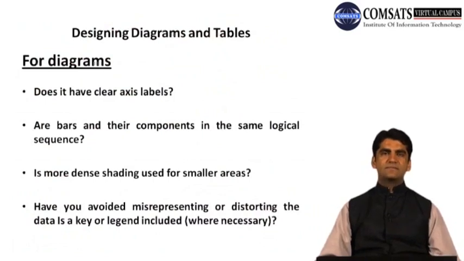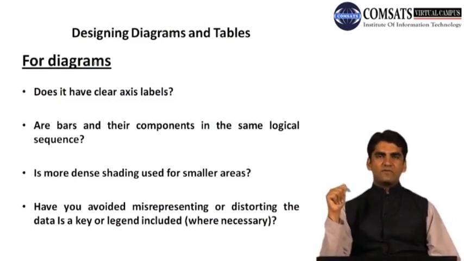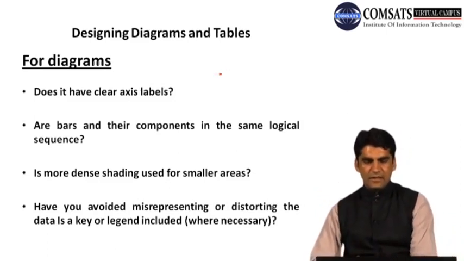Now, designing diagrams and tables. How do we design them? What things do we have to keep in mind when we design? For example, for diagrams we have to keep in mind: does it have clear axis labels? Axis label means that this is the x-axis, this is the y-axis. Have we given labels to them?